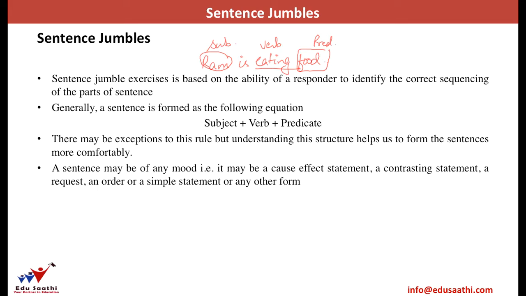Now, here there's a contrast shown in the sentence. A request, please pass me a glass of water. It may be an order, it may be a question, it may be a simple statement, Ram is eating food, so it could be anything. So the structure of the sentence, if we are aware about this structure, that the subject, then the verb, then the predicate, we will be very much okay with the sequencing of the words.